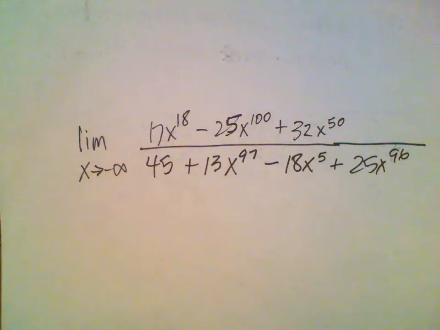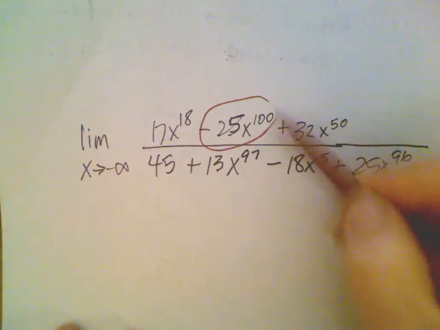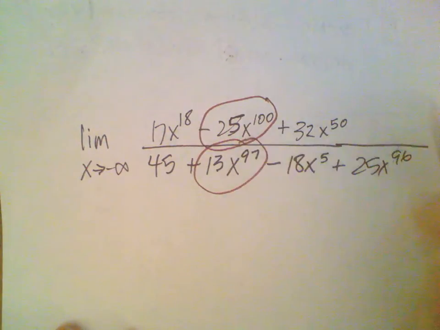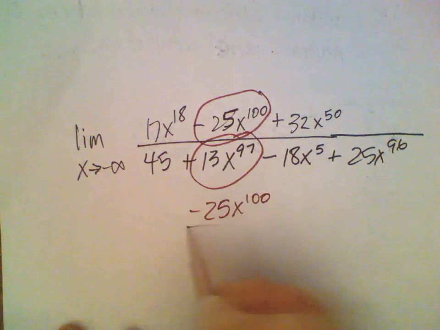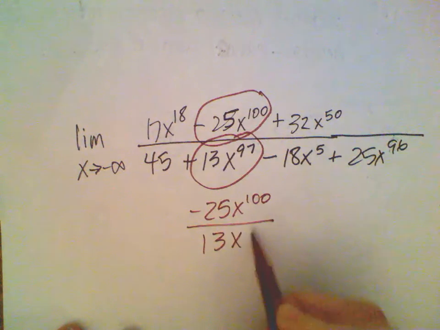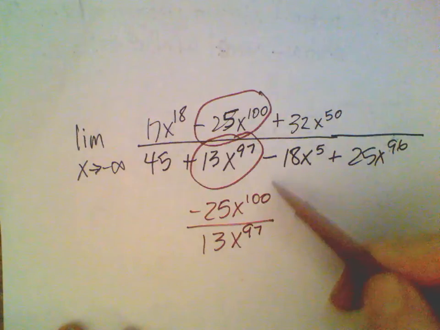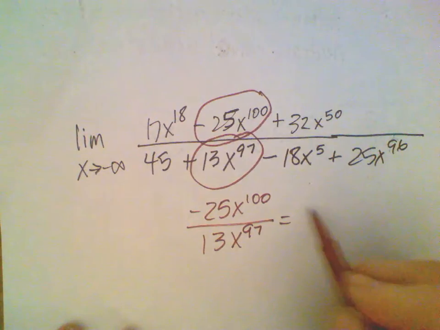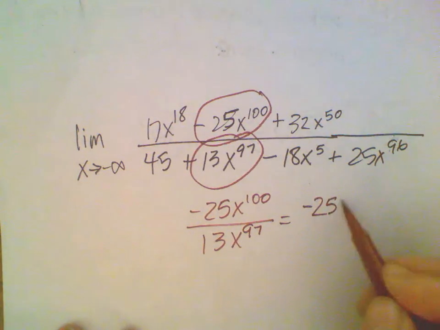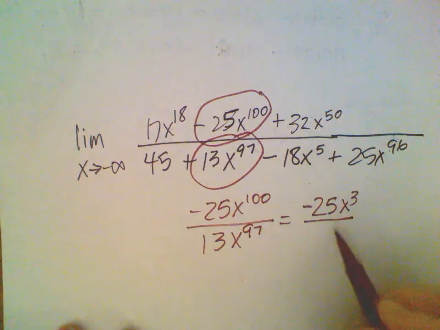When we're looking for the lead terms, we're looking for the highest power. The highest power on top is 100, the highest power on the bottom is 97, so I'm going to do negative 25x to the 100th over 13x to the 97th. I can cancel out 97 x's off the top and off the bottom, so this is negative 25x cubed over 13.